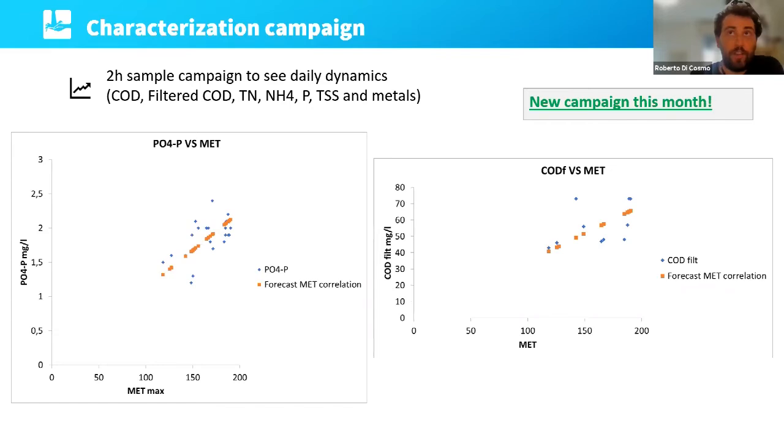So we are thinking to do another campaign now that we are not in summer, in order to see the possibility, maybe in the near future, to replace the influent analyzer with this kind of sensor.